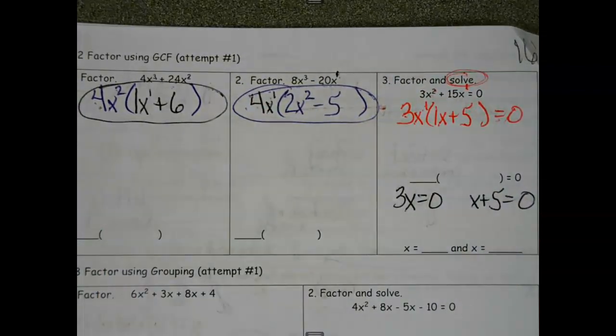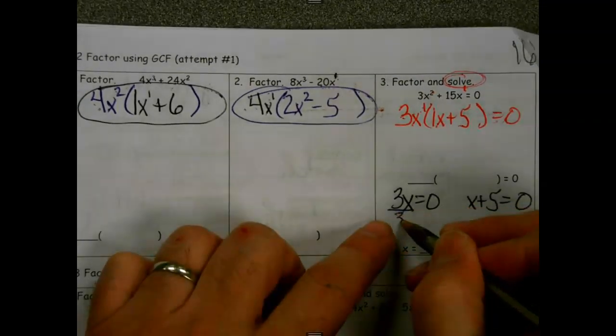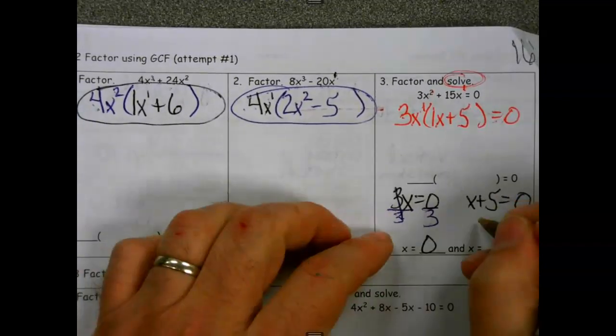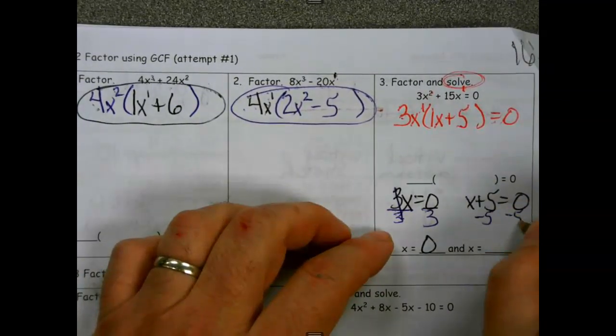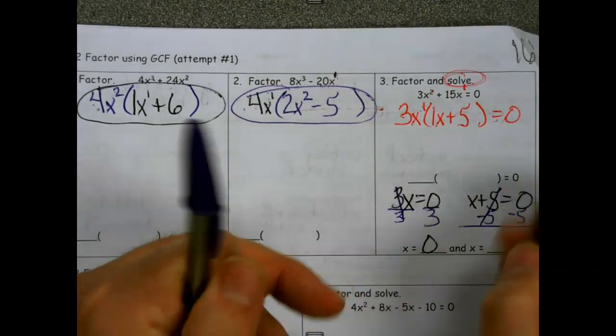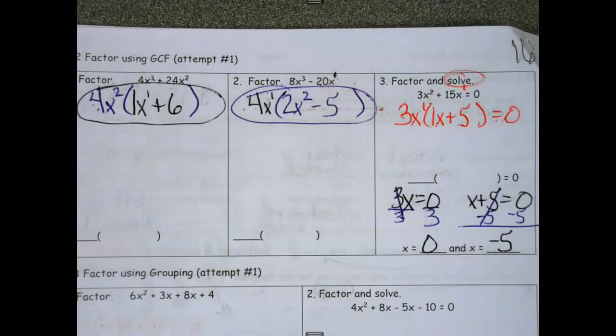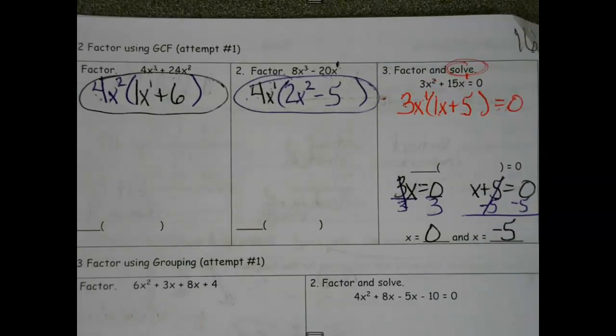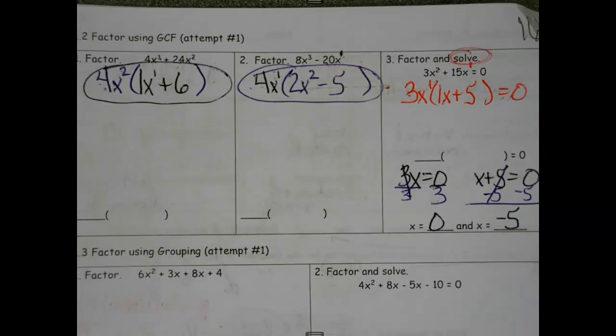I set them equal to 0, and I solve the mini equations by doing one opposite. And away we go. So just one extra step, and we should be doing okay.